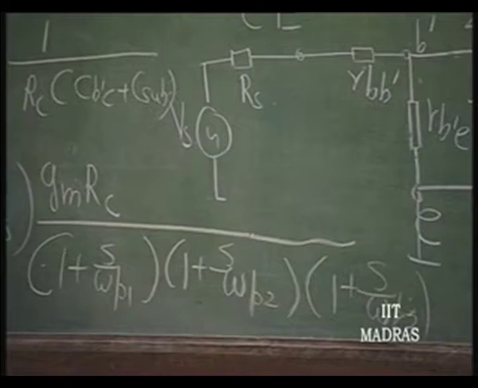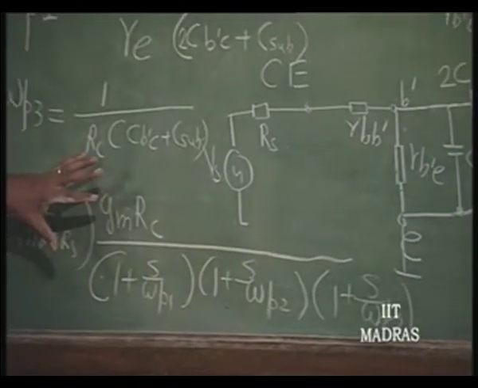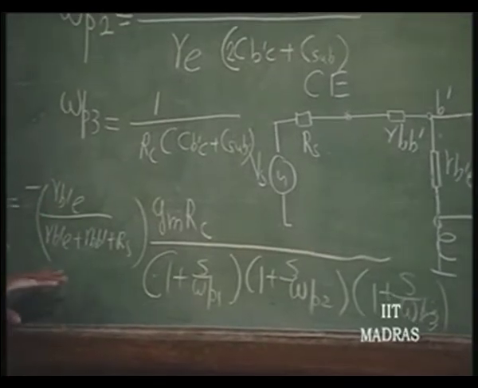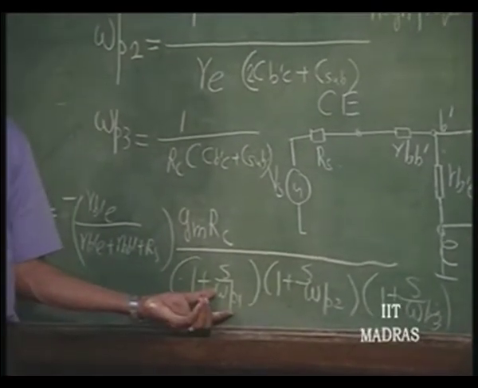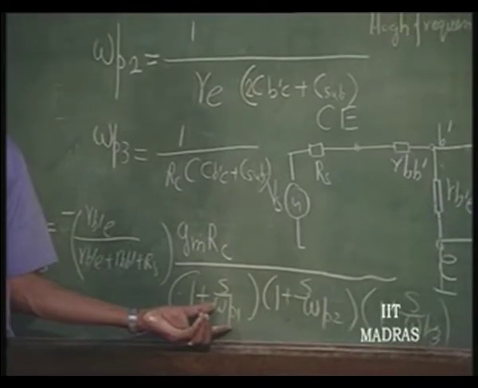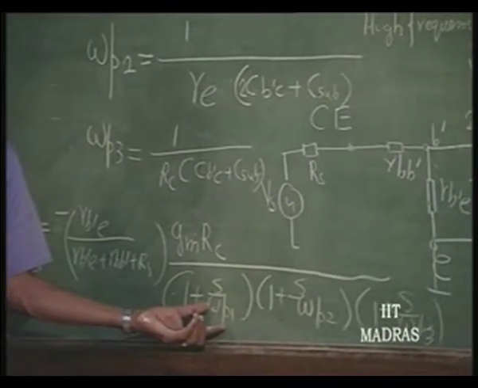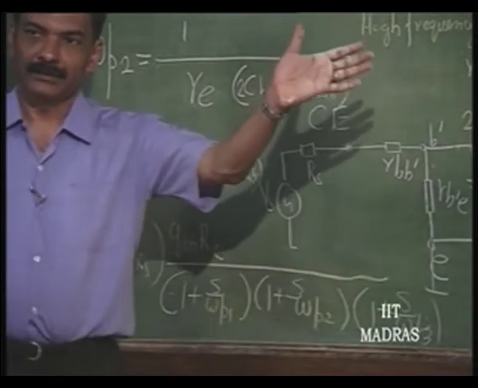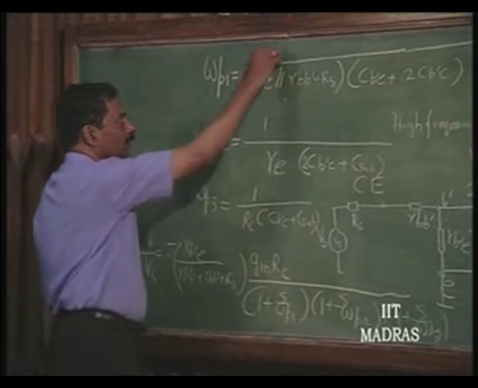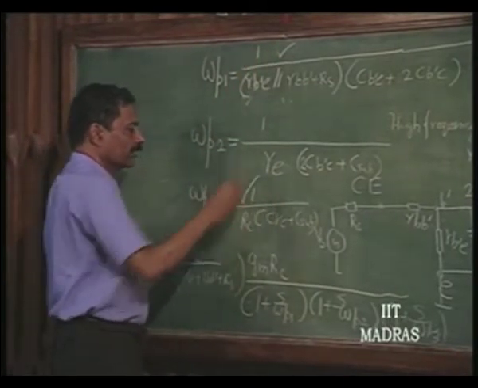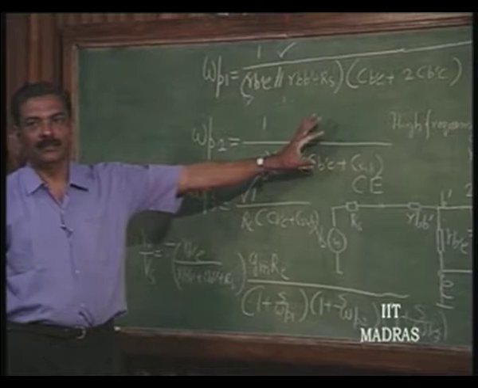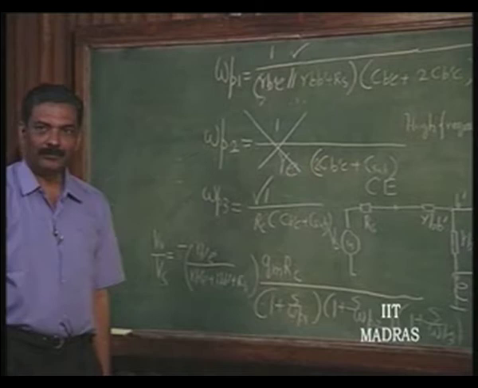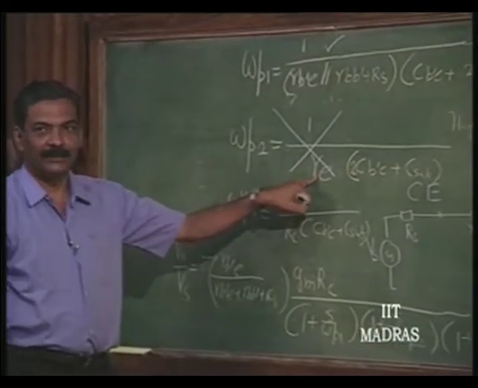Once again you see that it is very nearly same as the common emitter gain, except that now the time constants here have become lower than that of the common emitter. So, the bandwidth becomes higher. So, either this or this is normally very high. So, this does not come into picture in most of the cases, you can see, because this is R e, right.